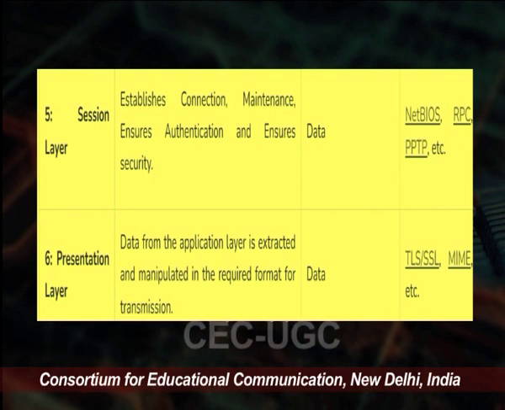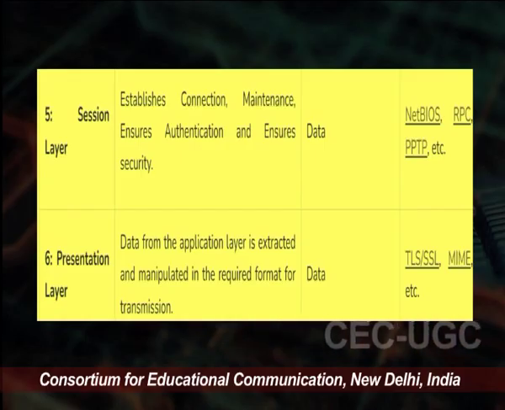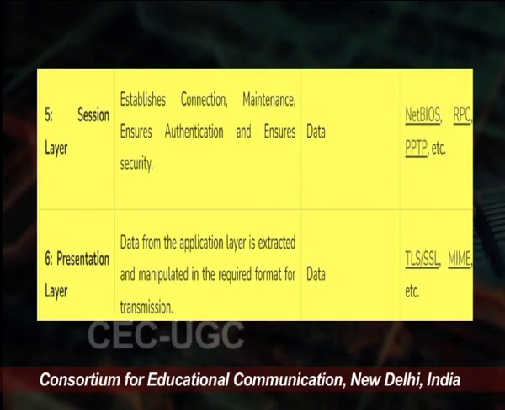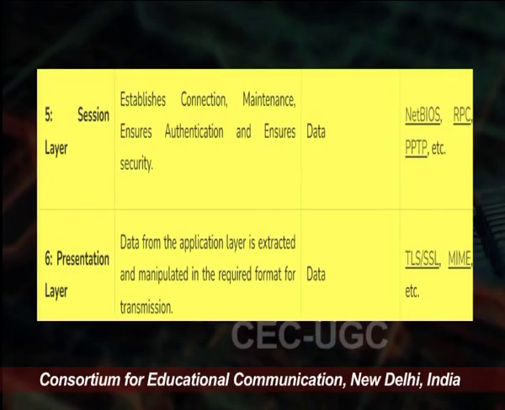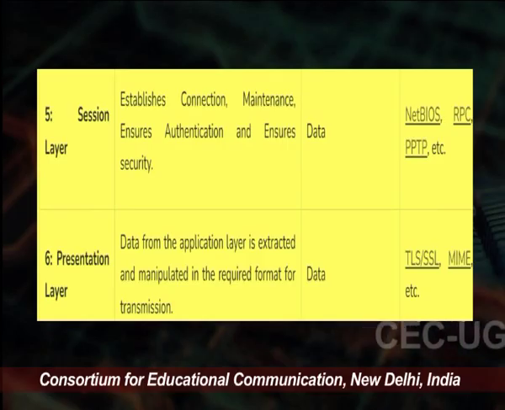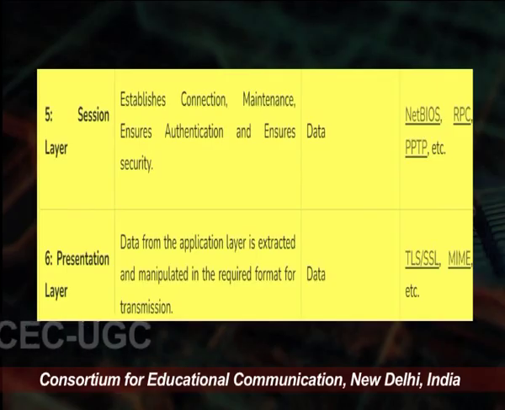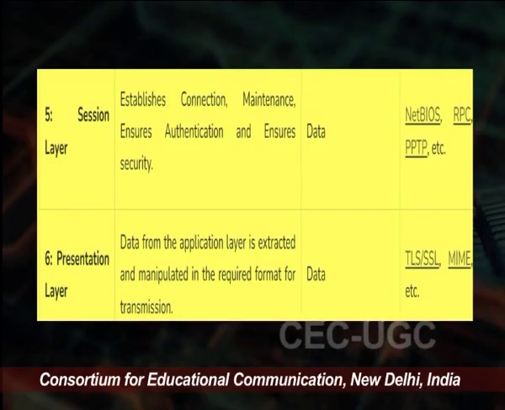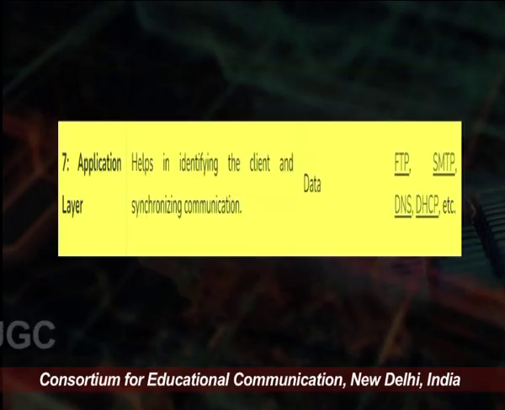On top of it, we have the presentation layer, where the data from the application layer is going to be extracted by the presentation layer and manipulated in the required format. The protocols used are MIME, then TLS or Secure Sockets Layer, SSL, because security is the main task here.